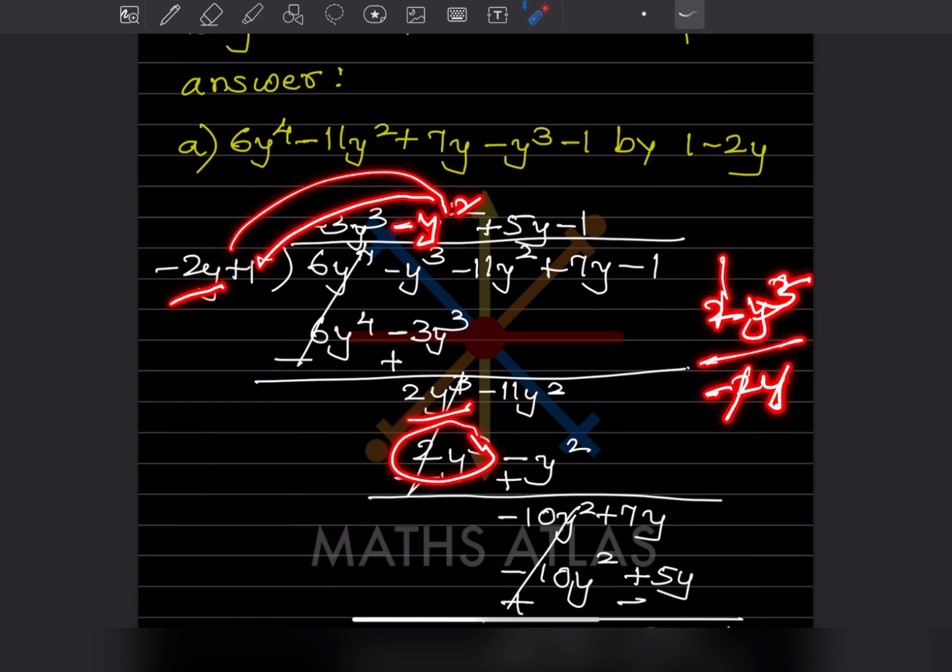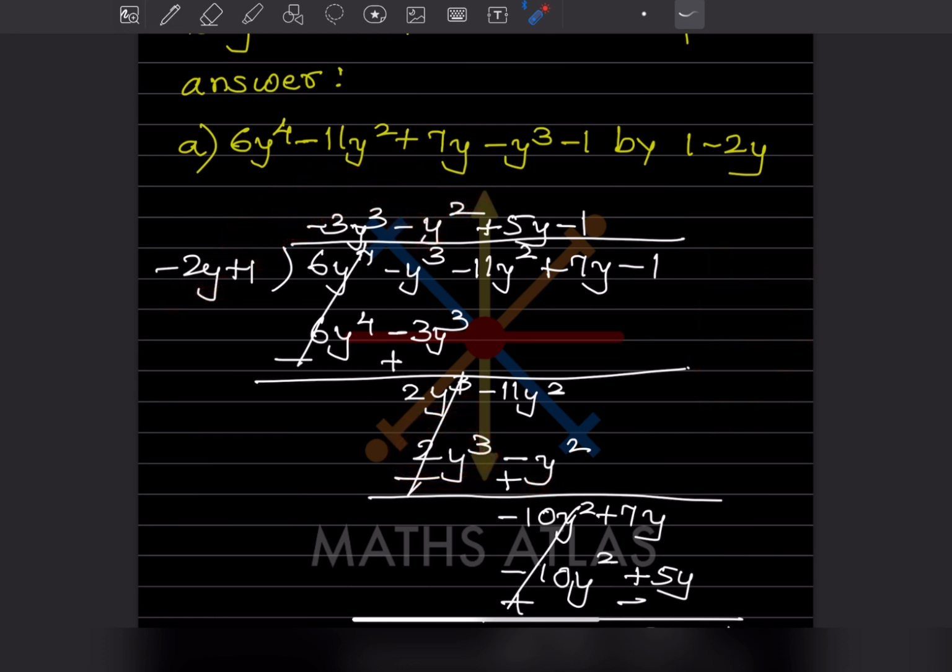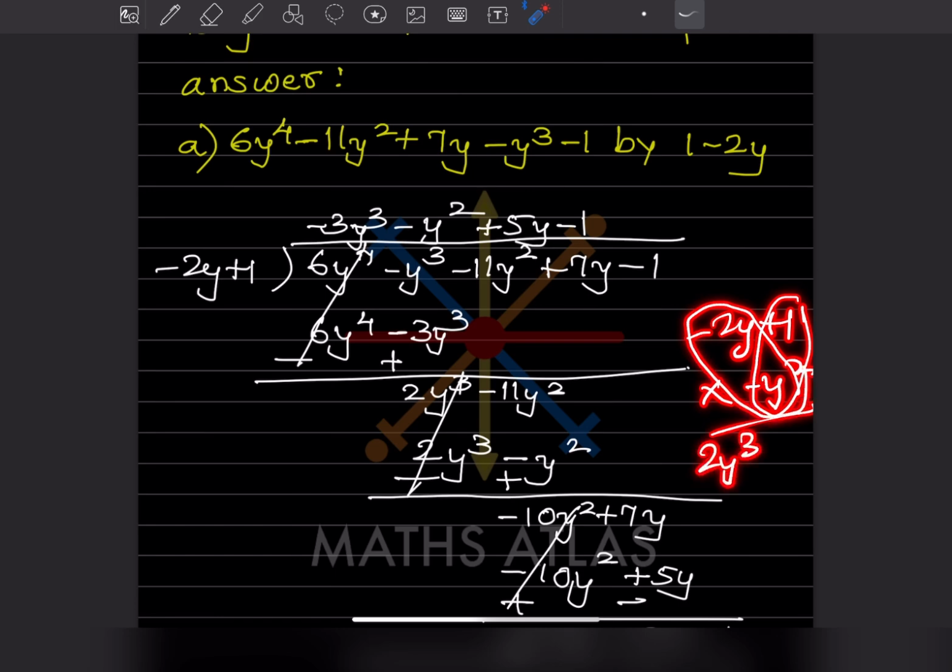When you multiply this and this, you get minus y square. If you are getting confused, you can do it separately with this one, that will be minus y square. So this and this get multiplied, and that is going to be 2y cube minus y square. Anyways, whichever you feel is easy, you can do it.